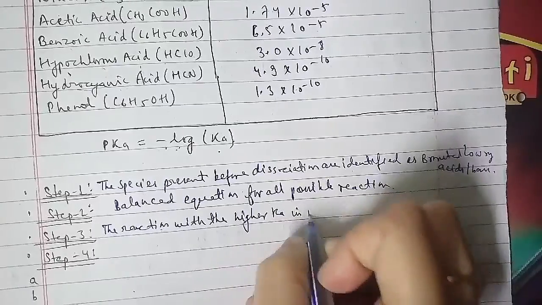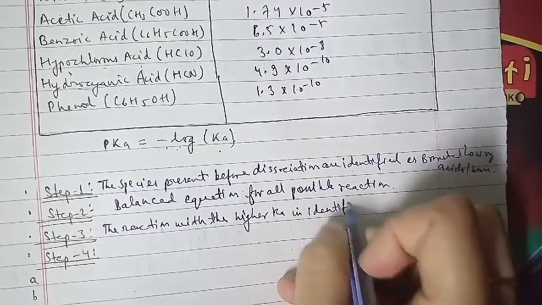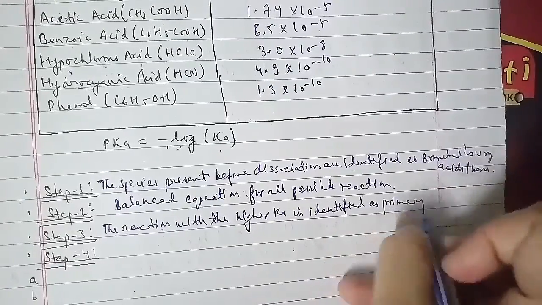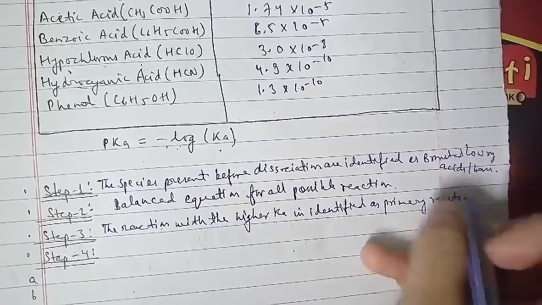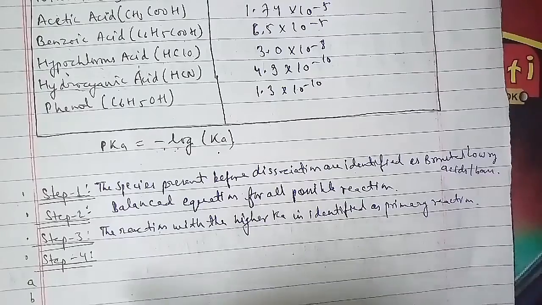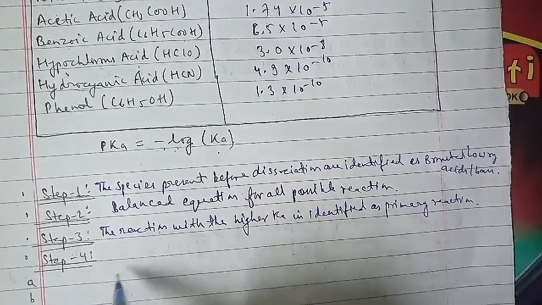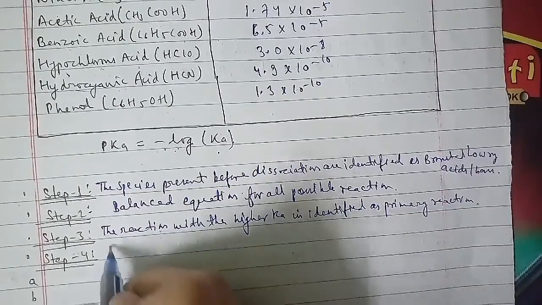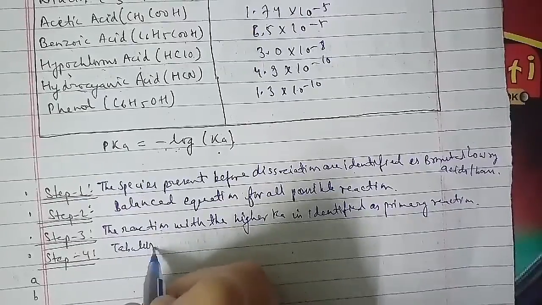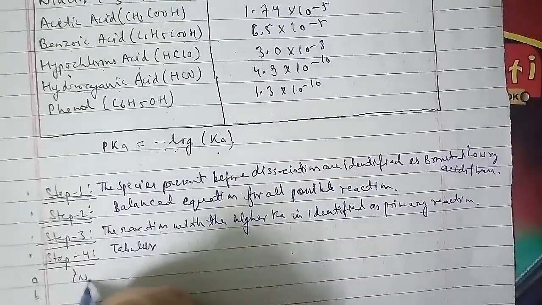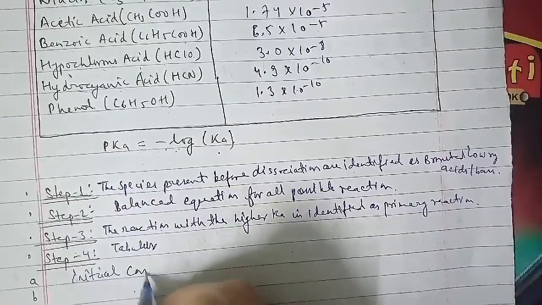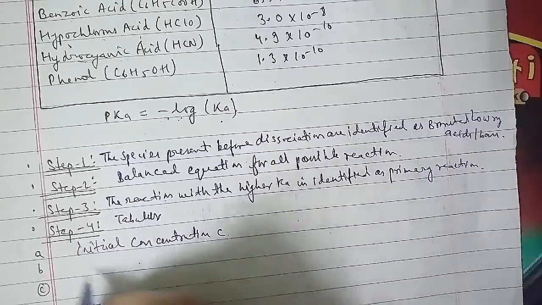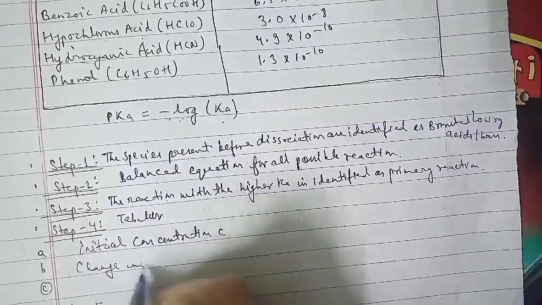Then in step 5, you have to substitute the equilibrium concentrations into the equilibrium constant equation for the principal reaction and solve for alpha. Then in step 6, you have to calculate the concentrations of the species in the principal reaction.